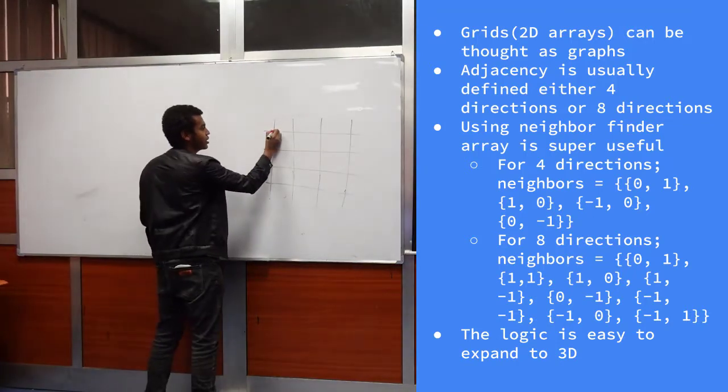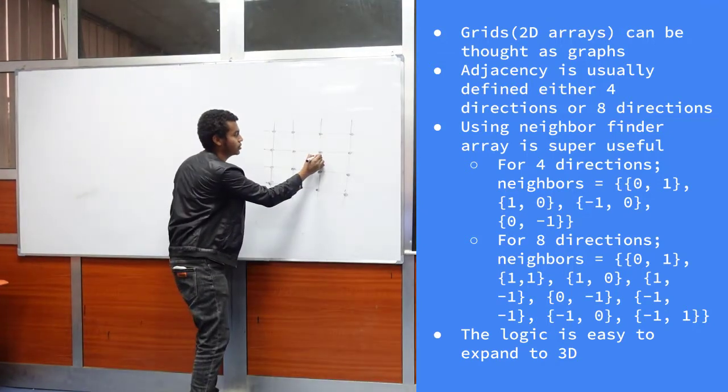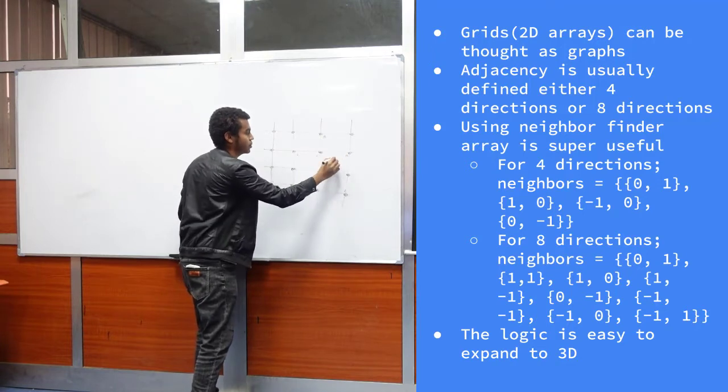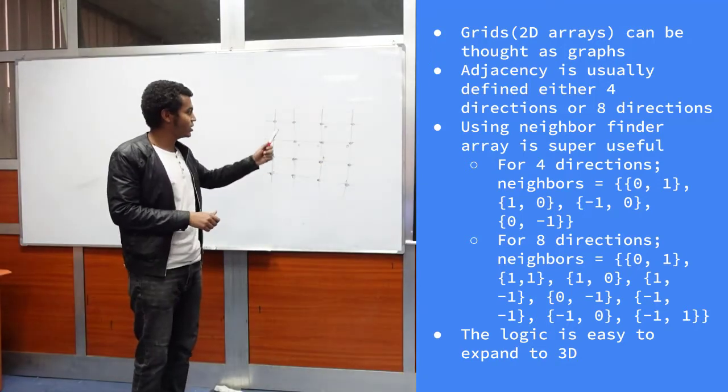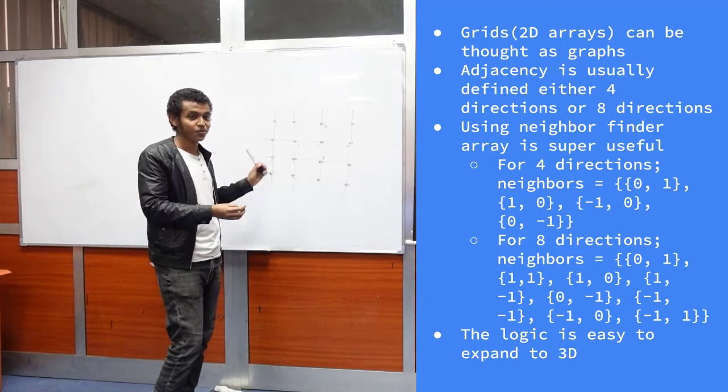And then let's say these are our vertices. Let me name one. So we're just discussing neighbors of vertices when we have grids.